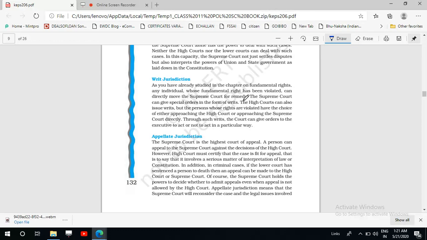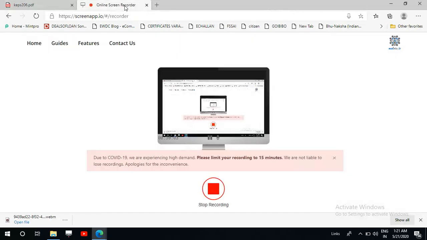So it's a very important writ, because there are many times the police misuses its power, and people are forced into such situations, and other important writs we will discuss in the next class.